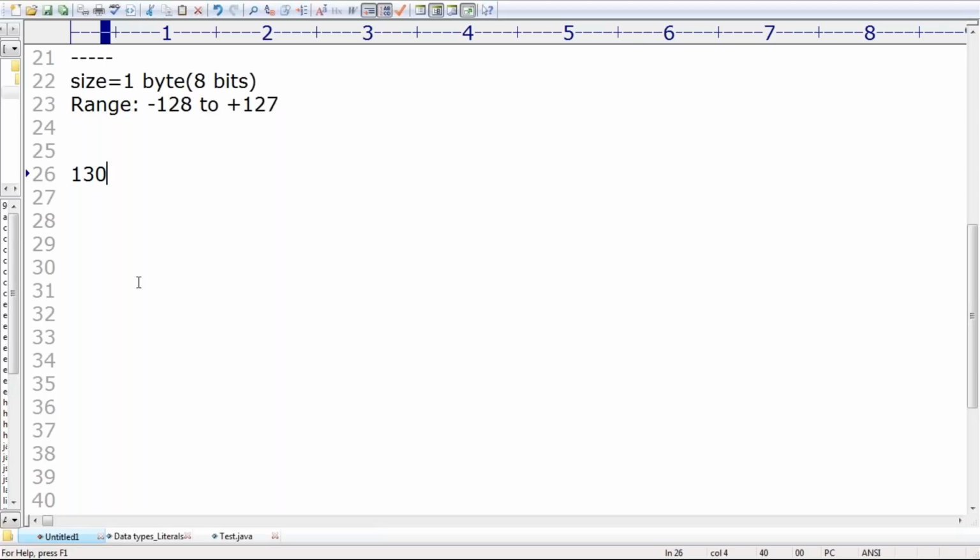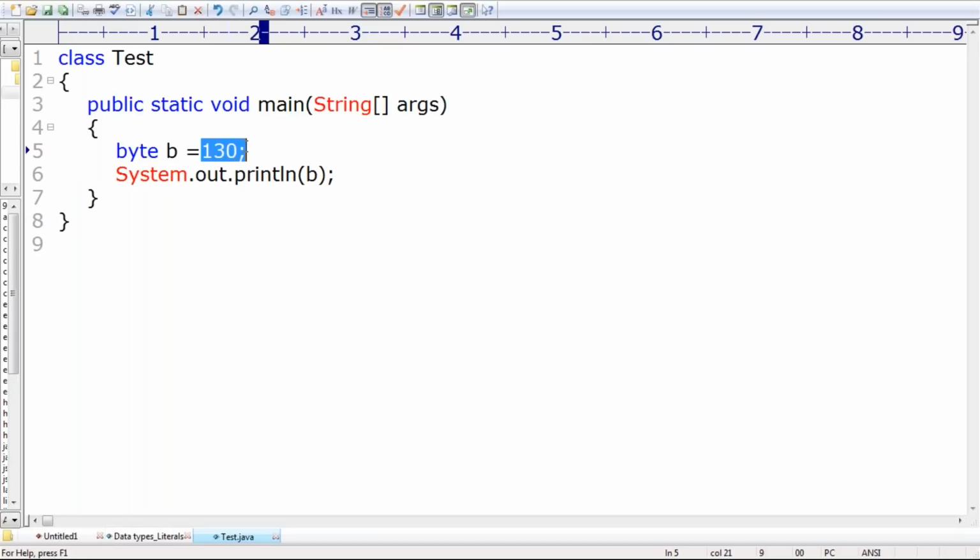Integral, a whole number, or a floating point number? Every integral literal by default is of what type? Int type. So it is not in this range. Automatically the compiler is going to treat it as an int value. How can you assign it to byte, man? We are going to get a compile time error.